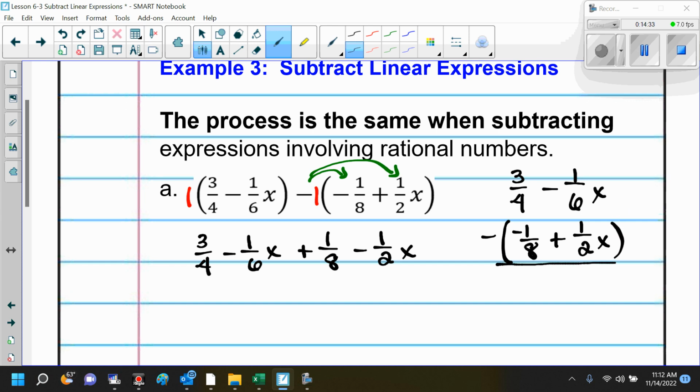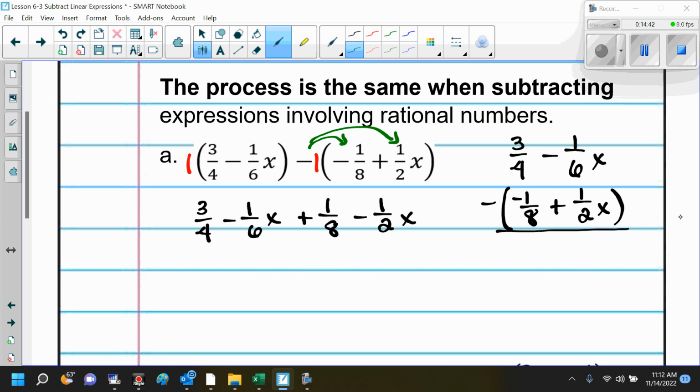Now, does everybody see that I put the x terms last? I put the constants first? Yes. It is okay to do that. I'll just write my final answer in the correct order, okay?